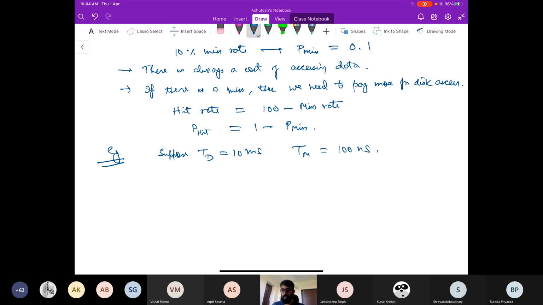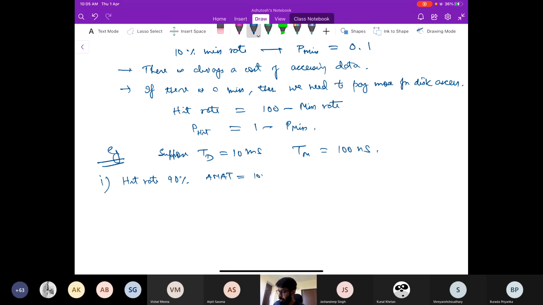Memory is much faster than the disk, of course. Let's say the hit rate is 90%. What is going to be the average memory access time?